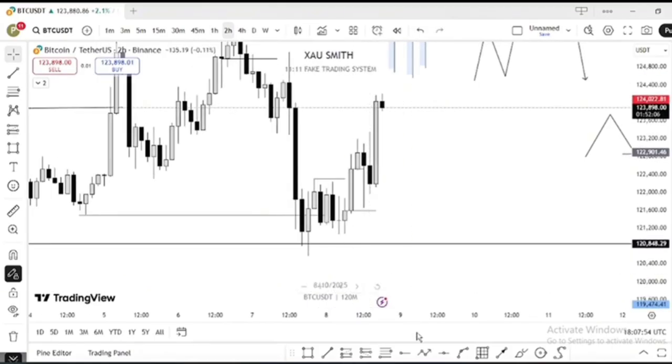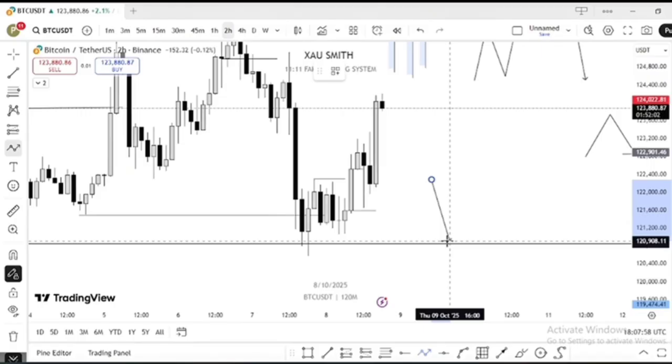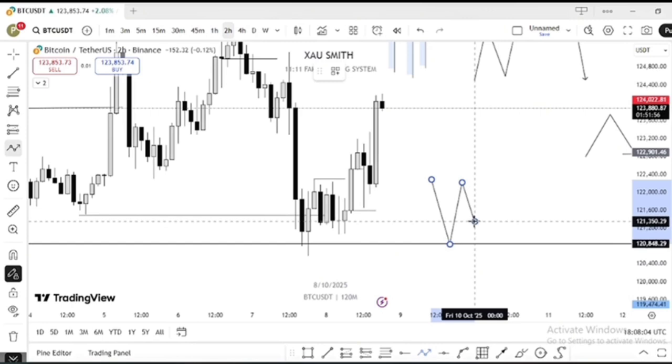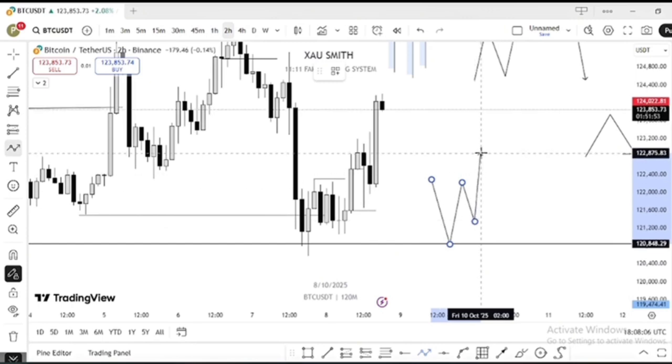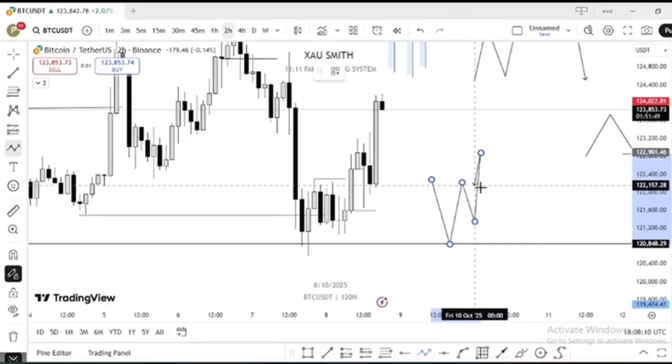When market got there, this was the formation, the pattern market gives us. Market taps into my point of interest, and we have something like this, and market started moving to the upside. So now this is a failure swing for me, and market gave me my failure swing change in state of delivery.